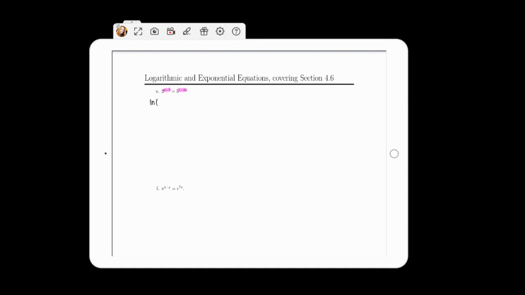So I'm going to have that the natural log of 2 to the x plus 1 is equal to the natural log of 5 to the 1 minus 2x. But please be careful. Because I chose a natural log, I have a base of e, so neither of these will cancel directly, okay?